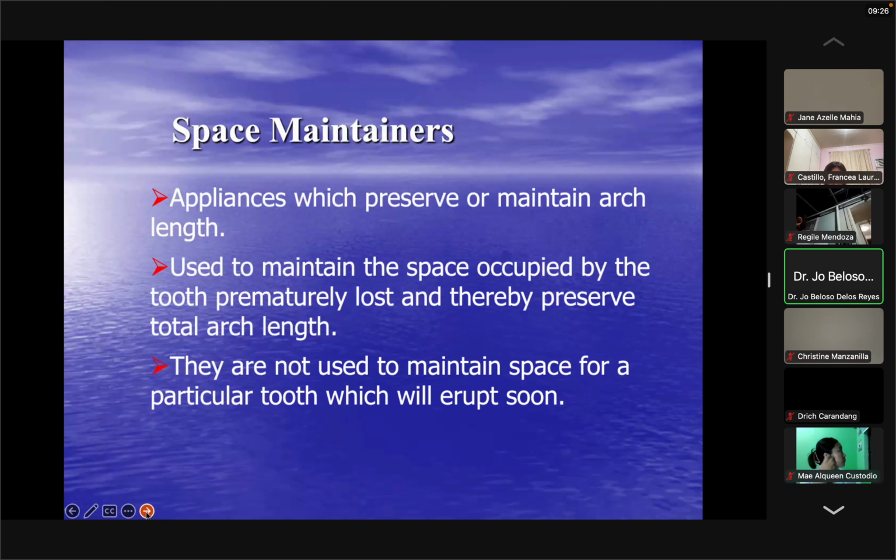You would only put space maintainer on a space that would still be empty for like 2 to 3 years. Say for example, 4 years old, and then kailan tutubo ang second premolar? Usually at the age of 8 to 9, and the patient is only 4. So you need to put a space maintainer for that particular tooth para yung succedaneous niya siguradong may pwesto.